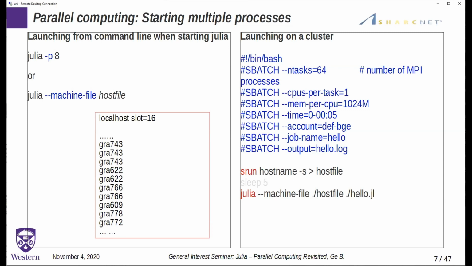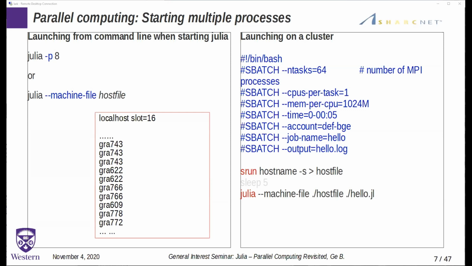On clusters, you would have to use a machine file to tell Julia where you want to start your Julia processes. Here are some examples. If you're running Julia with multiple processes on your personal computer, desktop, or laptop, in the machine file you can simply put localhost and the slots equals the number of cores you want.